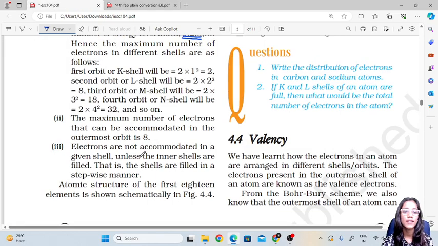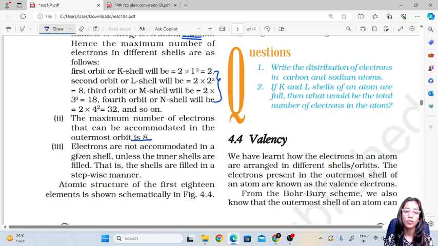Whatever the outermost shell is, be it L, M or N, the maximum number of electrons that can be accommodated in it is 8. This is for when the shell becomes the outer shell. So that is the second rule.